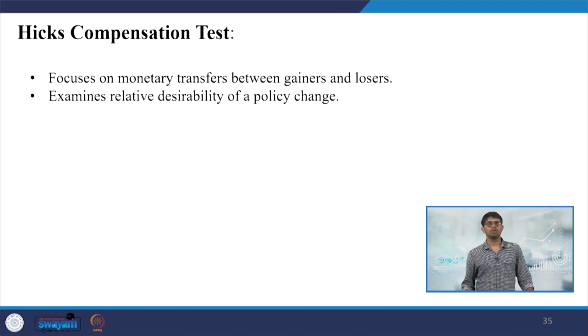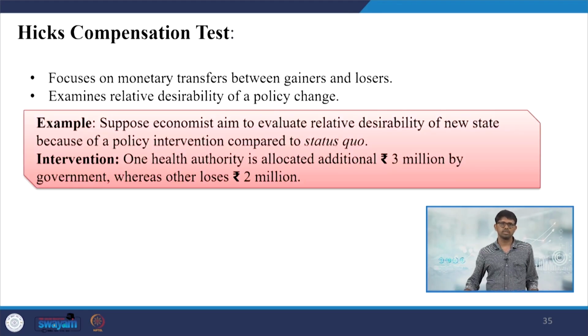They focus on monetary transfers between gainers and losers. This examines the relative desirability of a policy change. For example, to observe any policy intervention, suppose economists aim to evaluate the relative desirability of a new state because of a policy intervention compared to a status quo.